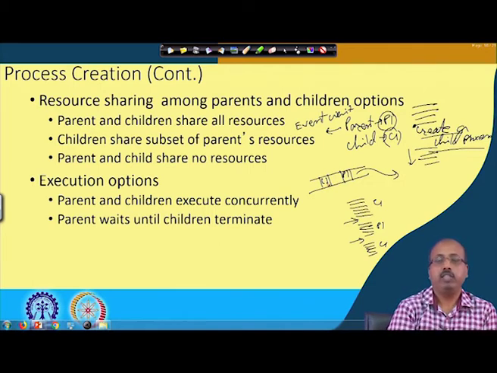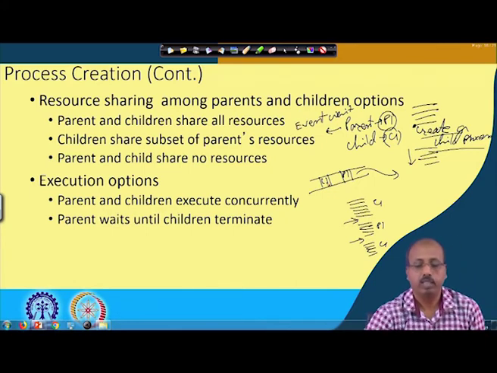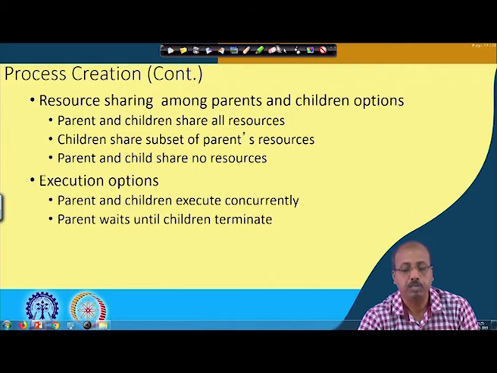So, parent is suspended. Again these are two different thoughts. It is not mandatory that one of them will always be superior to the other, but both of them are available in different operating systems, and many operating systems provide some mechanism to make the parent process wait for the child. Sometimes we want that, sometimes we do not. So, accordingly we have to use the facilities provided by the operating system.